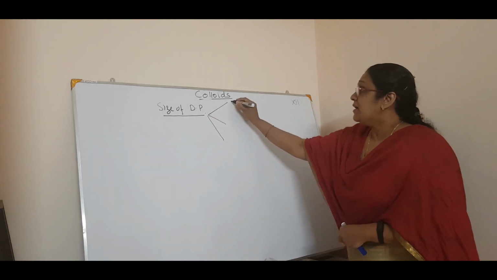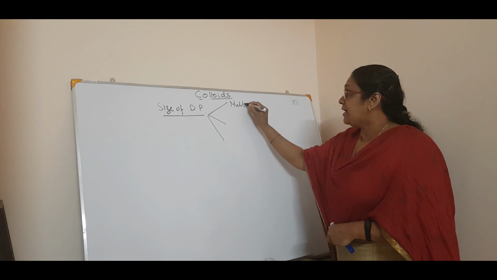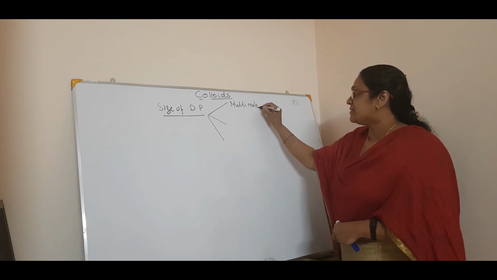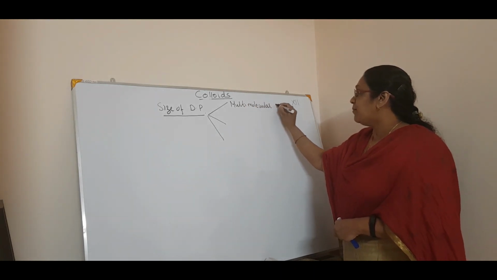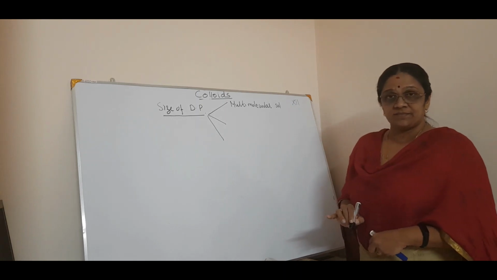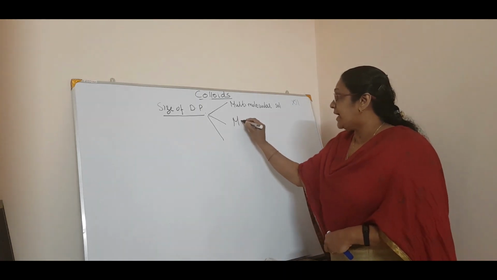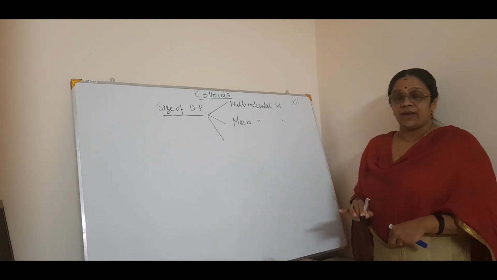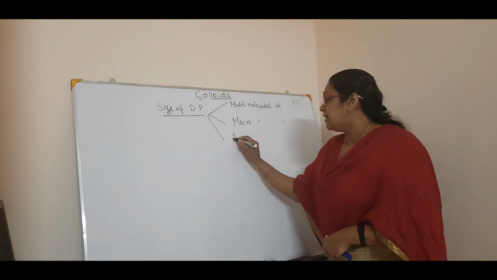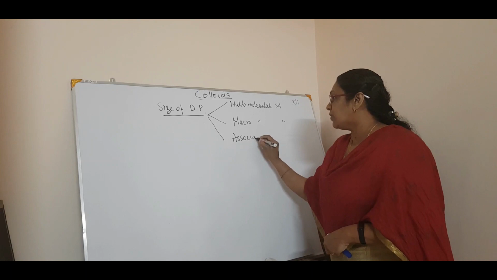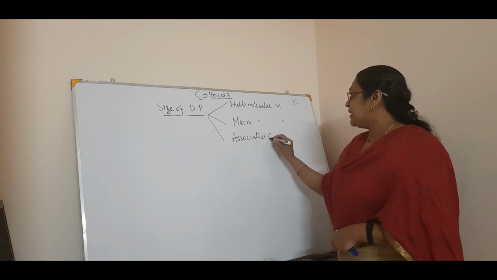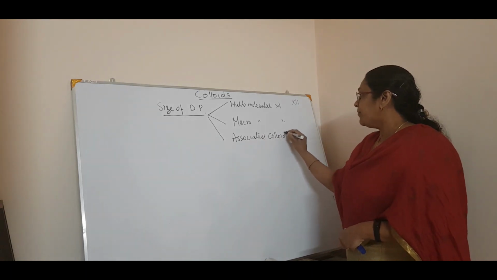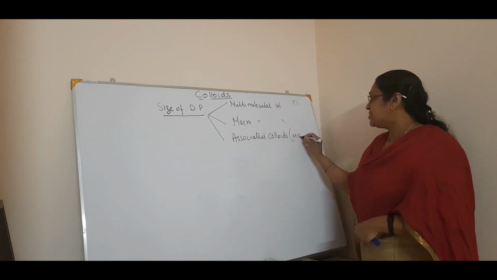One is called multimolecular colloids. The second one is macromolecular colloids. And the third is associated colloids, or you can say micelles.